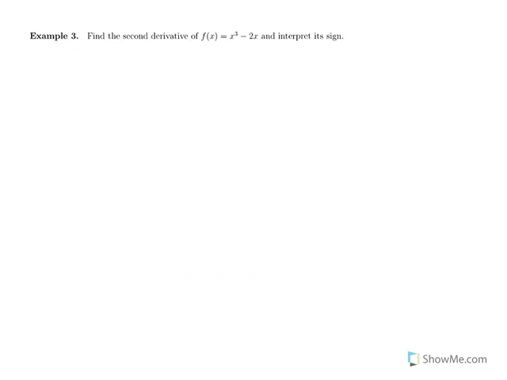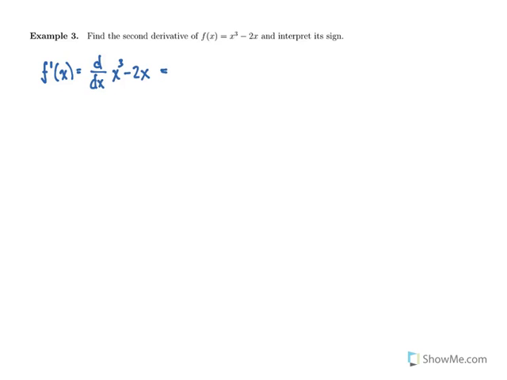All right, one more problem. Find the second derivative of this function, x cubed minus 2x, and interpret its sign. So first, let's find the second derivative. Start by finding the derivative, f prime. This is going to be the derivative of x cubed minus 2x.